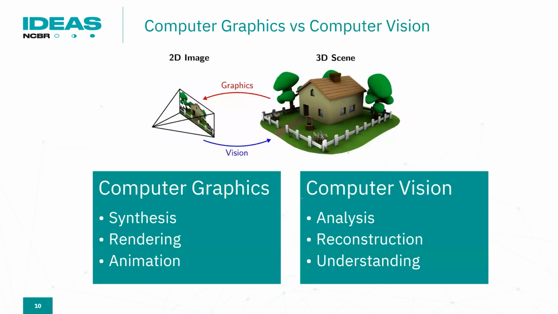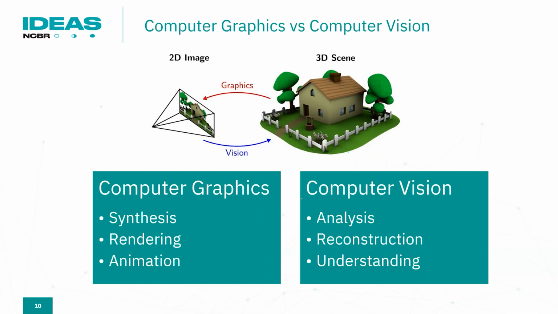I call computer graphics the sister discipline of computer vision. In computer graphics, we want to generate and synthesize content using rendering and animation. Computer vision tries to do the opposite, the vice versa process: extract information from visual content, usually given as 2D imagery.